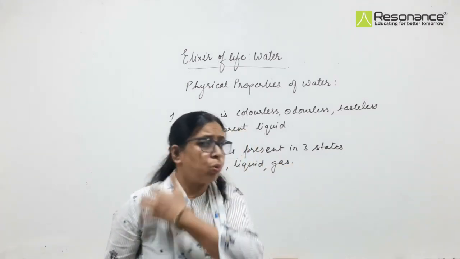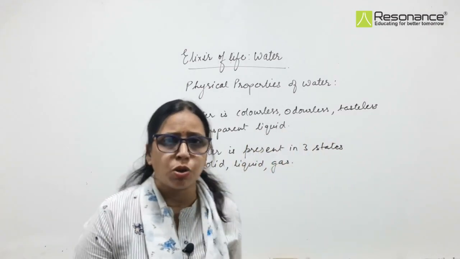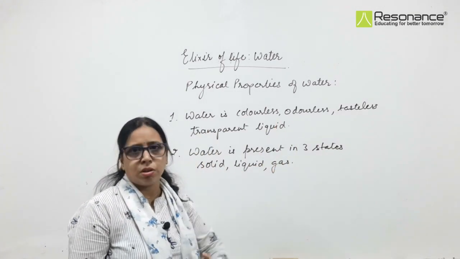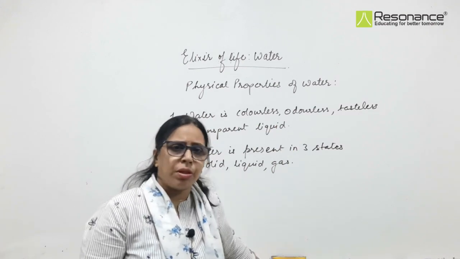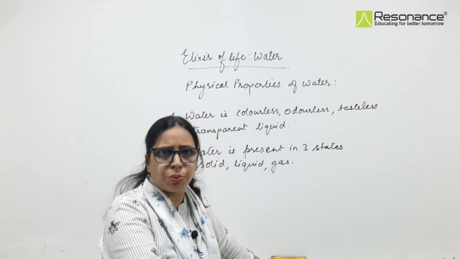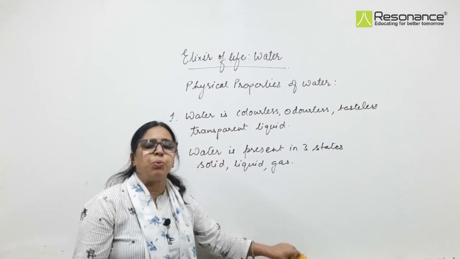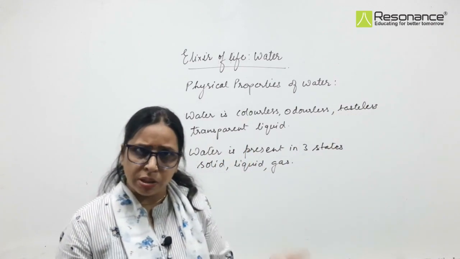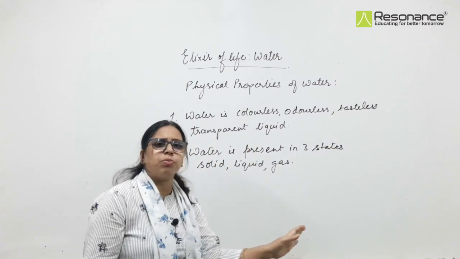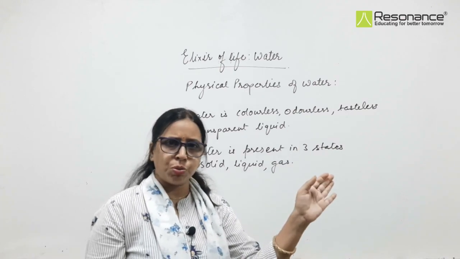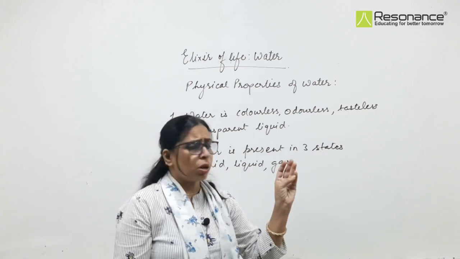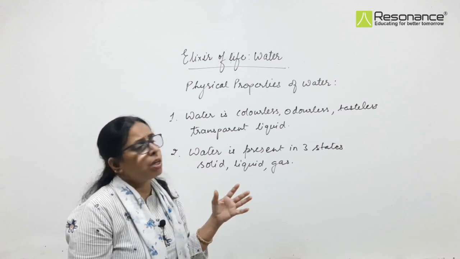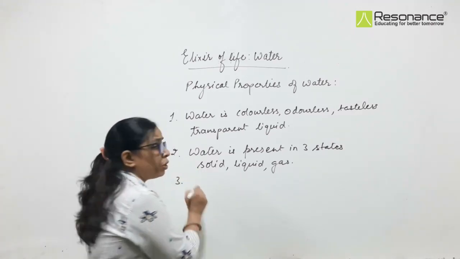And let me tell you one thing, this is the only substance present on earth which can be present in all 3 states in some places of the world. Now that the winter season is starting, in many parts of the world water is present in frozen form. In air, water vapors are also present, and there is liquid water flowing in the streams or the glaciers which are being slightly melted. So all 3 states are present together.